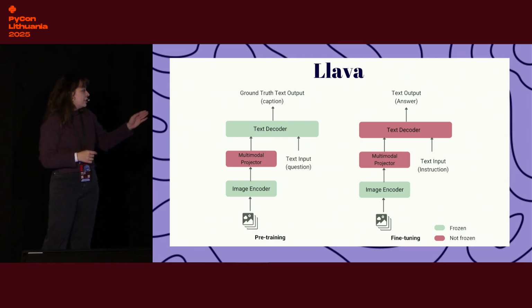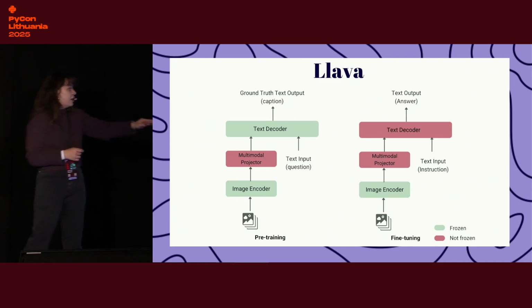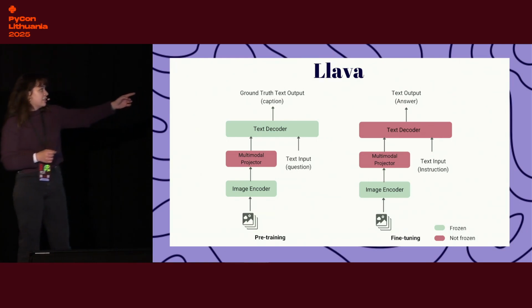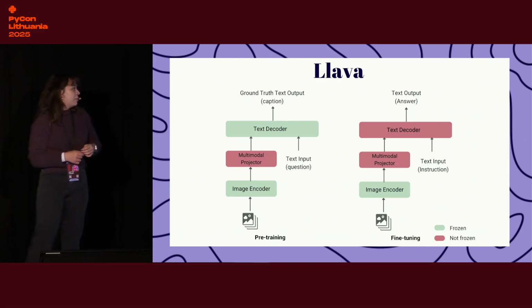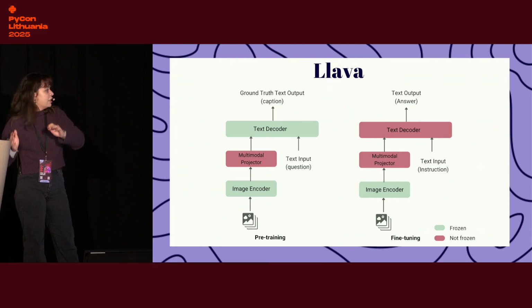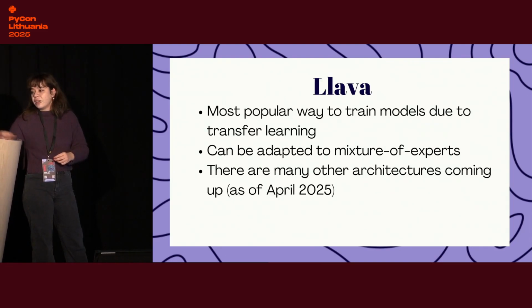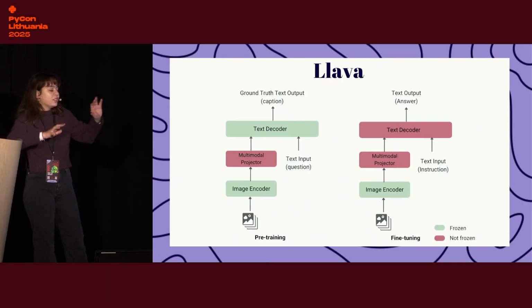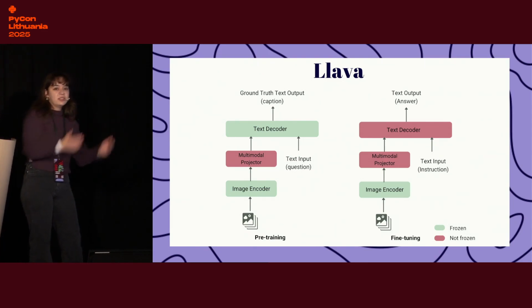And then during the instruction fine-tuning, you freeze the image encoder only, and then train the projector and the text decoder, aka the LLM part, on text instructions and images. This was the most popular model because it's super easy. You just take two models and train the linear layer and then fine-tune it instead of training a whole big model yourself.